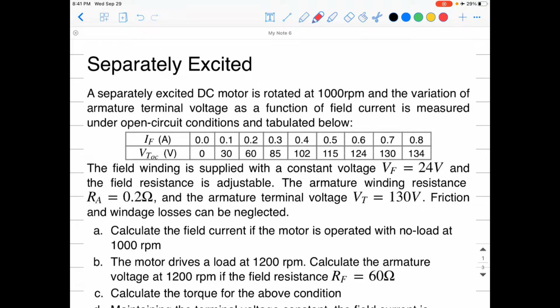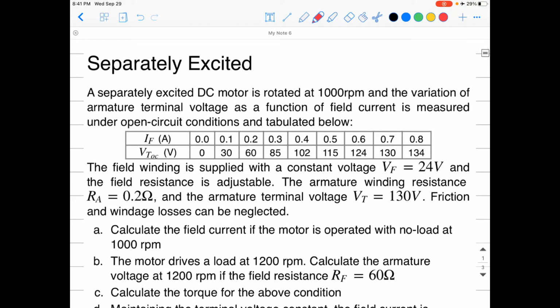So this problem is saying a separately excited DC motor is rotated at 1000 RPM, and that's important to keep in mind. He's giving you the speed that the motor is working at. So when you try to solve anything about a DC machine, make sure you understand what's happening with all the information provided, because each piece of information will mean something different when you try to solve these.